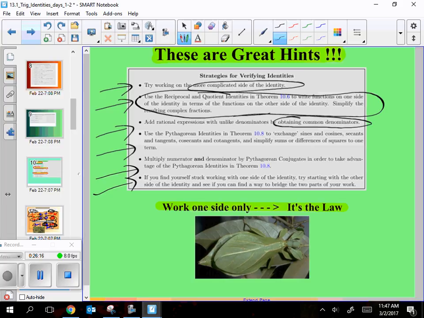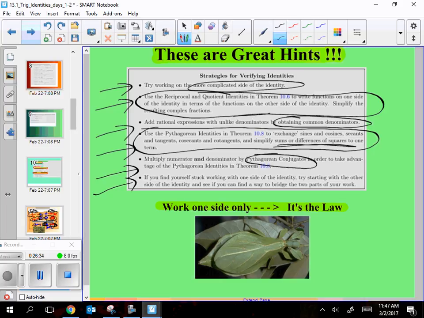Next one, the Pythagorean identities. Those are the ones I just taught you a second ago. But there's some more detail in here that you're not ready for yet. Differences and sums of squares. We'll talk more about that when you're more advanced. And another thing is conjugates. I'll just tell you this about a conjugate. What do you think the conjugate to 1 plus x is? The way I said that should give you a hint.